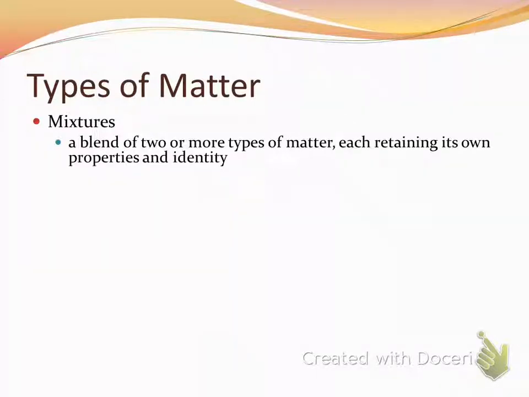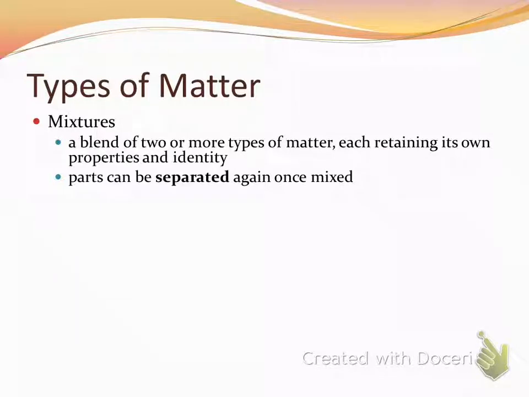So these are mixtures. And there's two main types of mixtures that we're going to talk about. The important thing for us to remember about a mixture is that most of the time, mixtures can be separated again.